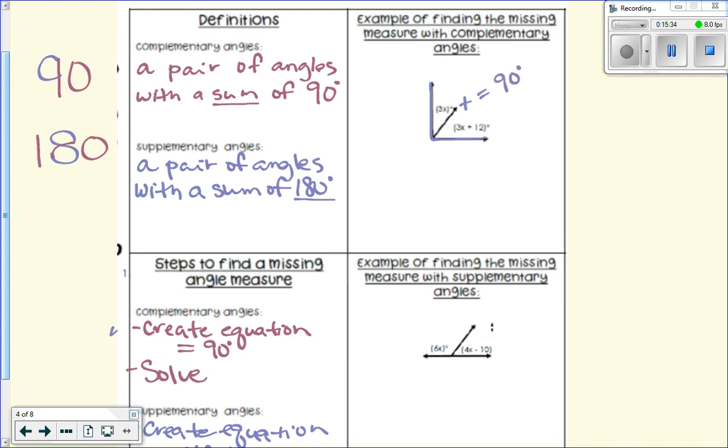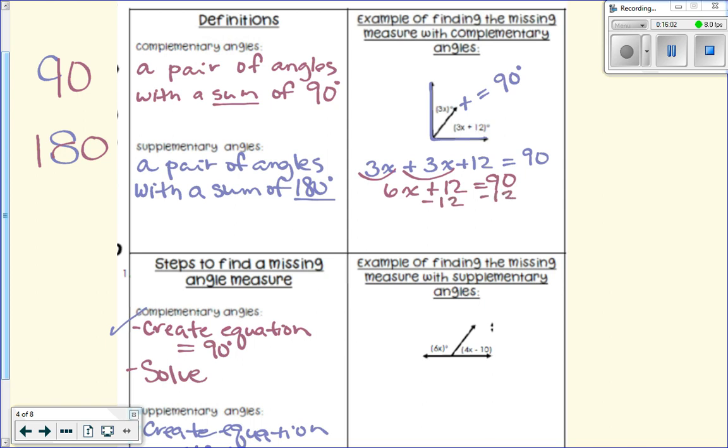Our first step is to create an equation. So we have 3x plus 3x plus 12 equals 90 degrees. Then we can combine our like terms. 3x plus 3x, good, 6x plus 12 equals 90.